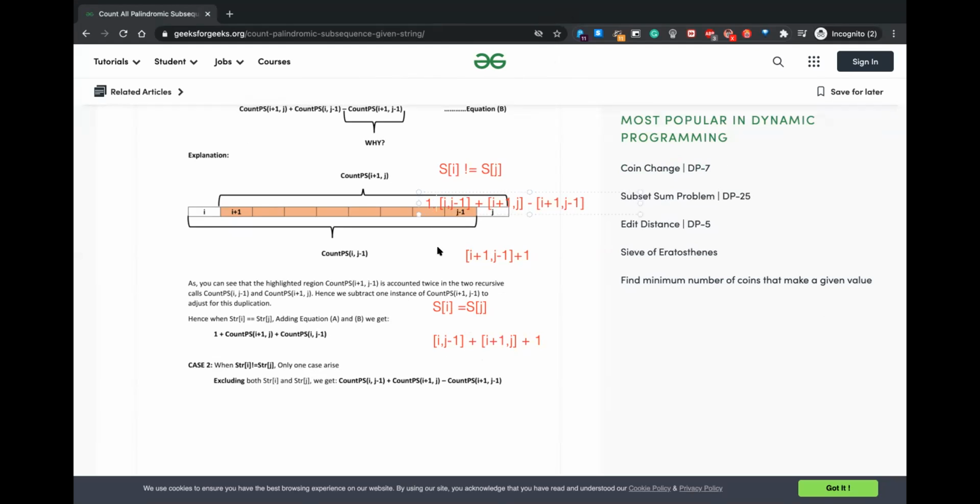I think for Si equal to Sj also, i plus 1 and j minus 1 will be repeating twice, right? So we should also remove that from this condition as well. No, that is why I was saying the two new characters that are equal at either end of the string will be creating new subsequences from i plus 1, j minus 1. Right, so you need to add 1 and 2.